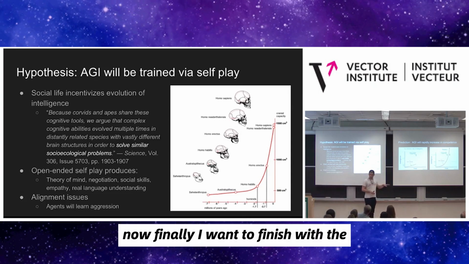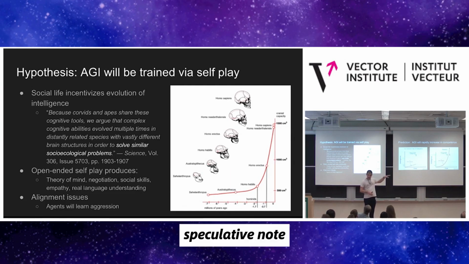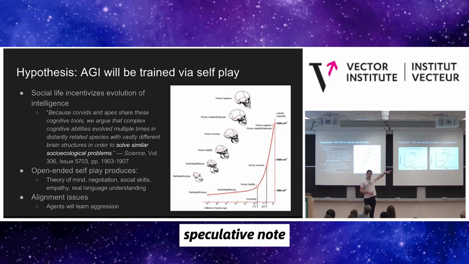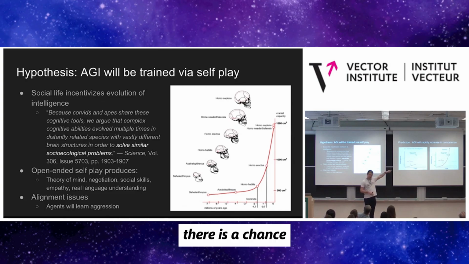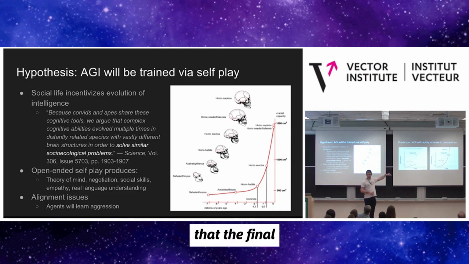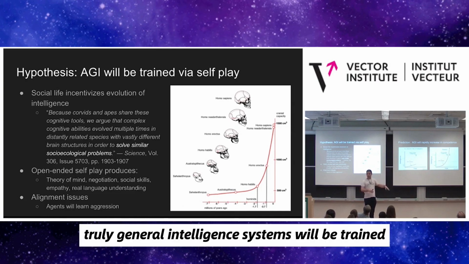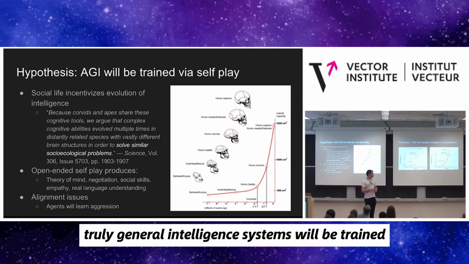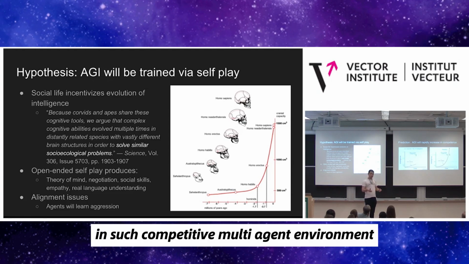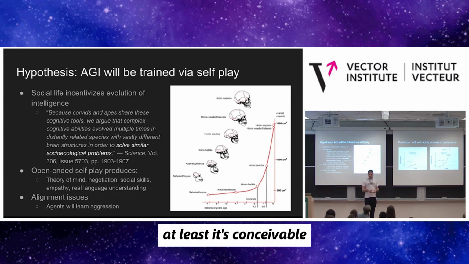Now, finally, I want to finish with a speculative note. So there is a chance that the final, truly generally intelligent systems will be trained in such competitive multi-agent environments. At least it's conceivable.